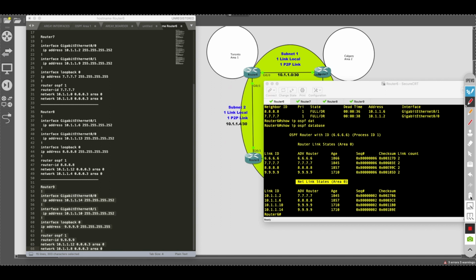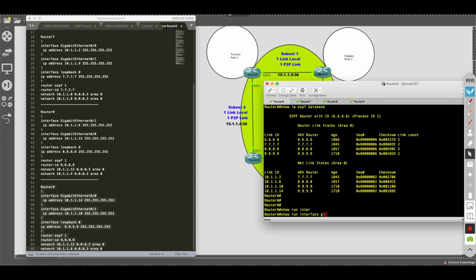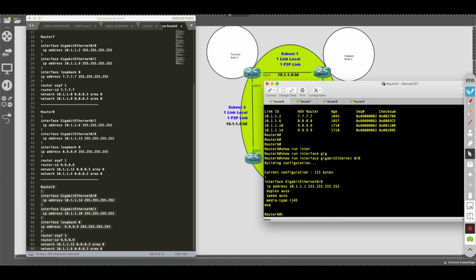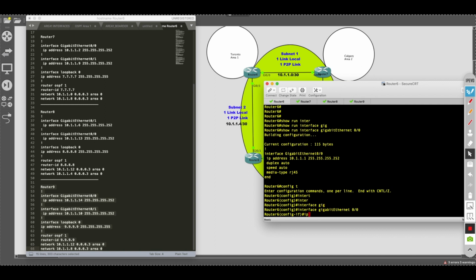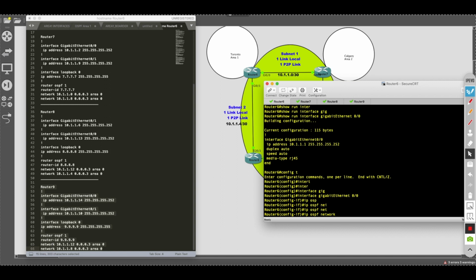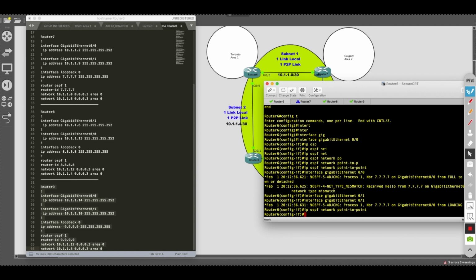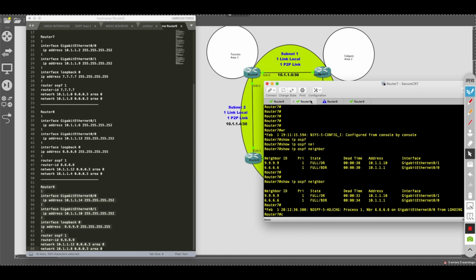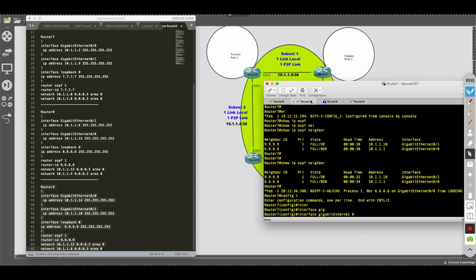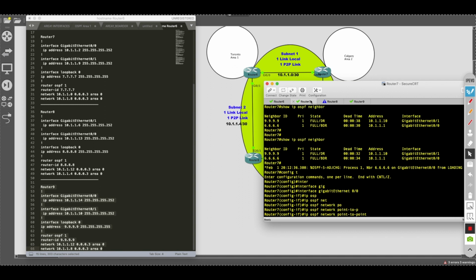So to make OSPF work more efficiently in a point-to-point scenario, we would do show run interface gigabit Ethernet 0/0. So we're going to go into config t, interface gigabit Ethernet 0/0, and we're going to define the network as a point-to-point interconnection. And we're going to do that for all of them: config t, interface gigabit Ethernet 0/0, ip ospf network type point-to-point.